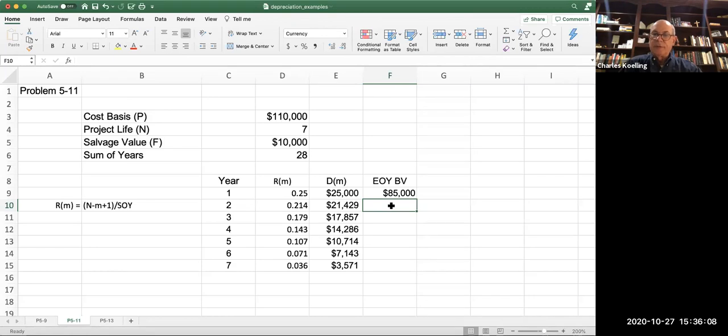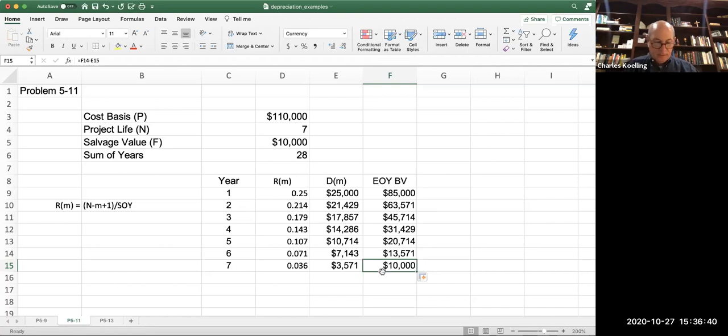The end of year two, I need to redo my calculation since I'm not jumping all the way up to P here. It's the book value at the end of the previous year minus the current year's depreciation amount. Now we're down to 63,571, and I can carry that on down to the end. And lo and behold, again, just like straight line depreciation, we end up after 7 years with a book value that's equal to the salvage value, the estimated salvage value of the asset.